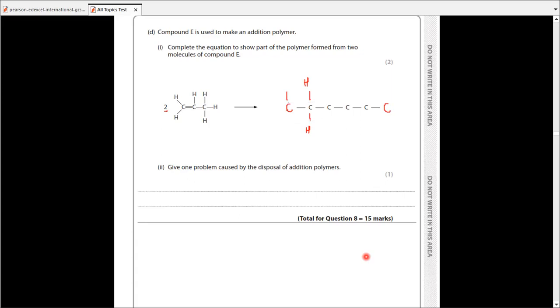You can add them as branches, but not as main chains. Oh, okay. Which means you can add the carbon atoms either on top or at the bottom, but not horizontally in the same line. So I'll just add that there. Same for this.